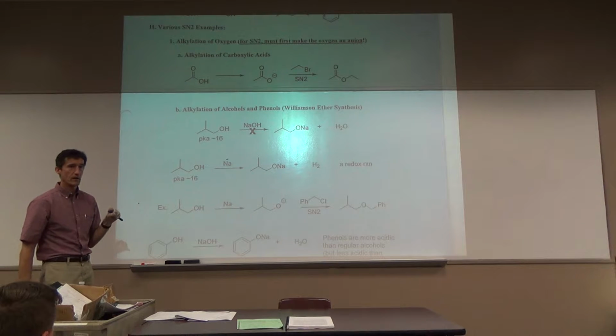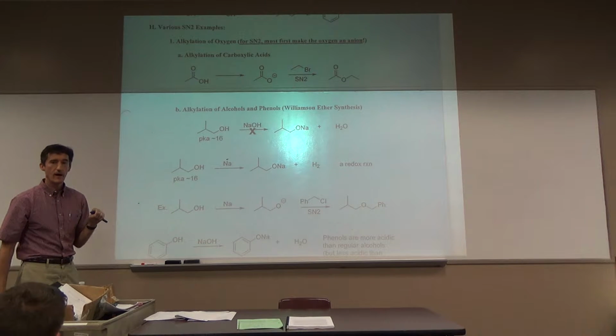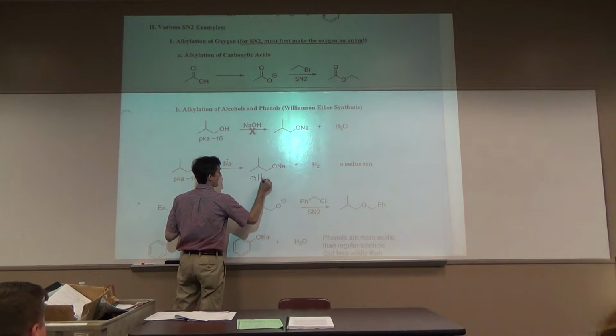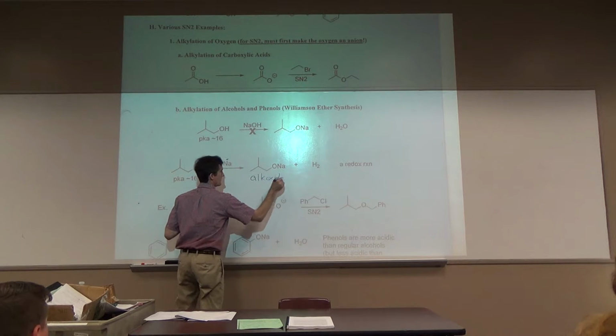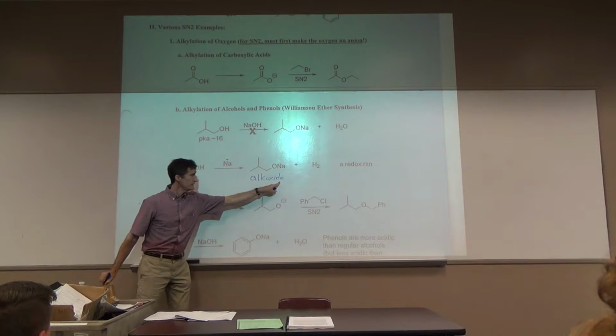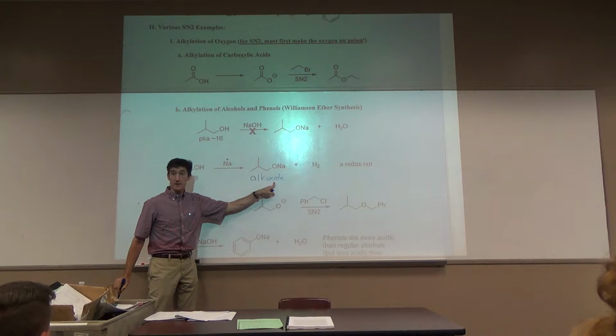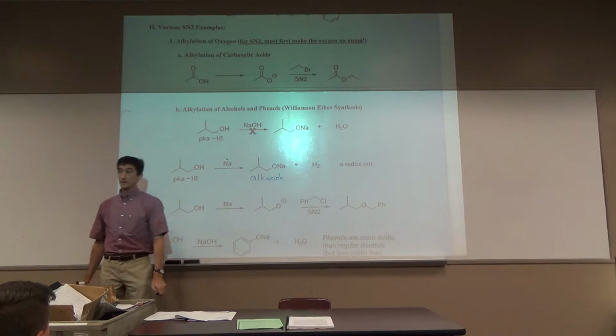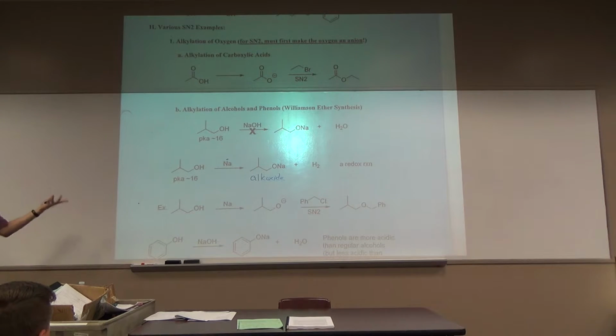Chloride. Alkoxide, yes, very good. Oxide makes sense because just O, like 2 minus, is called oxide. This is an oxide with an alkyl group on it. Yes. And you could say the sodium alkoxide.